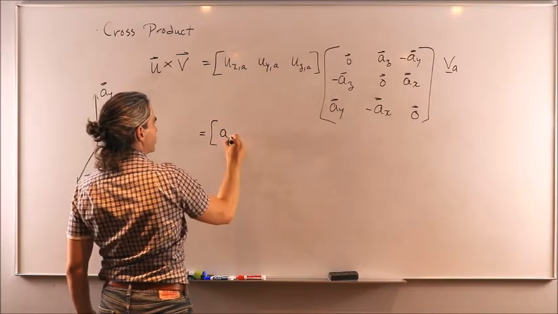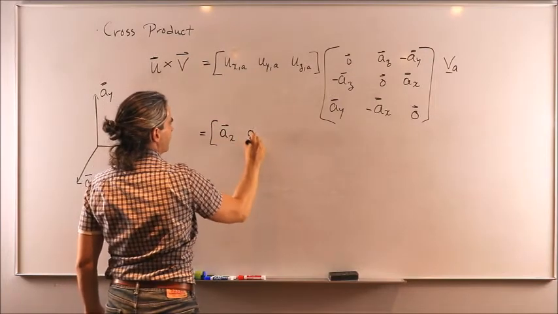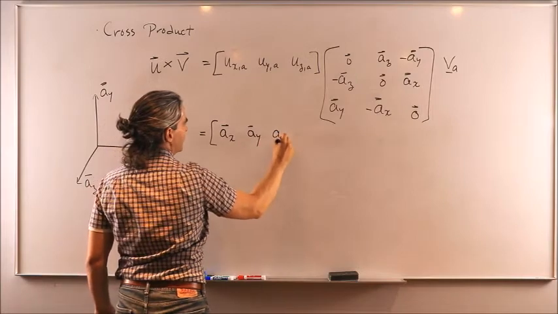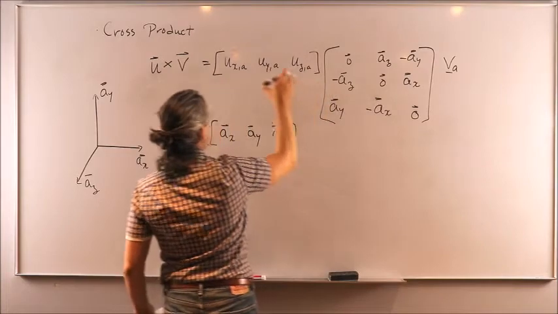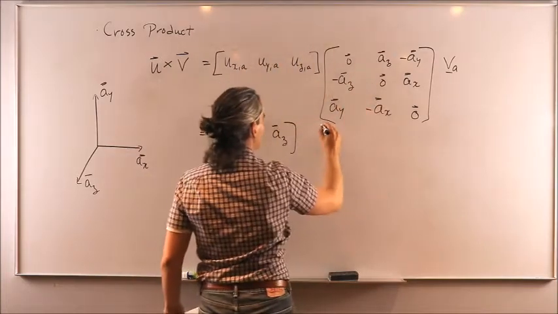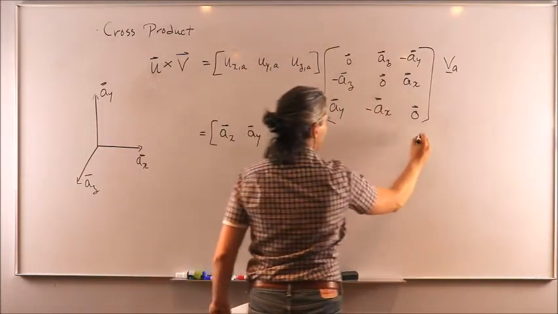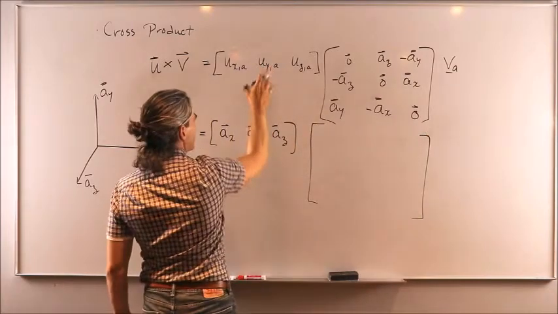Okay, so I'm going to construct a 1 by 3 that contains the 3 unit vectors that were originally in this 3 by 3, and then take those and fill this 3 by 3 matrix with those 3 entries, okay?